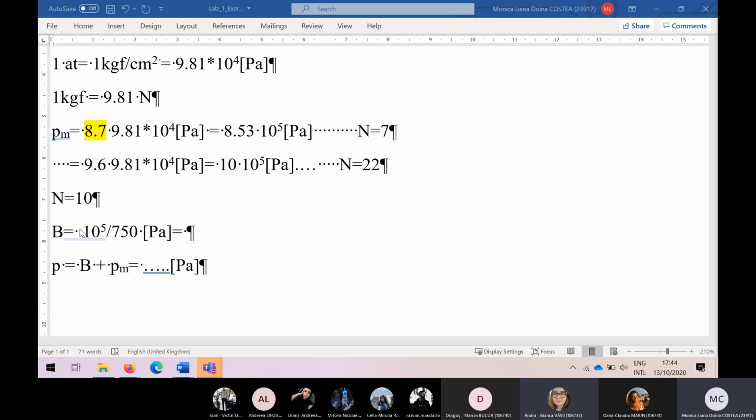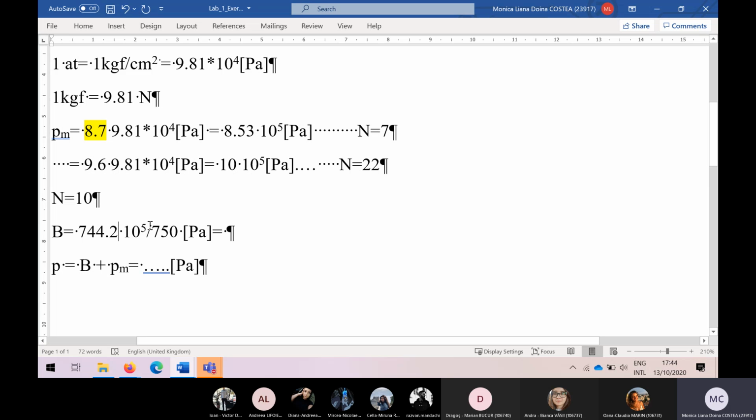I have 0.9. No, give me first the value that you have replaced, 744.2. Yes. Okay, so I multiplied before with 10 to 5 in order to not make mistakes at the end, and you have got 0.99, and I wrote it as 1 times 10 to 5. Maybe 3 digits after the 0 is better.